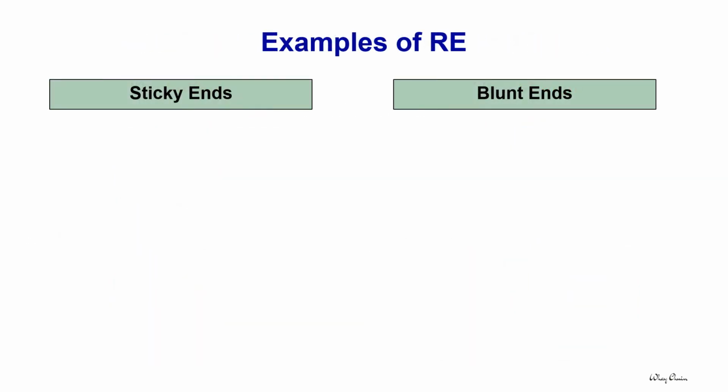So we are going to study two important examples of restriction enzymes that produce different cut ends. EcoR1 is the example of a restriction enzyme that produces sticky ends, and SmaI is the example of a restriction enzyme that produces blunt ends.